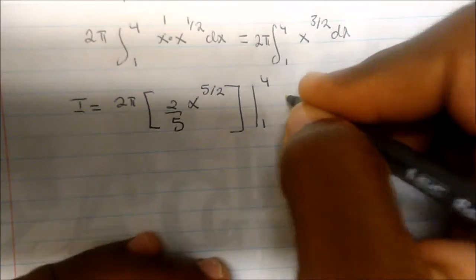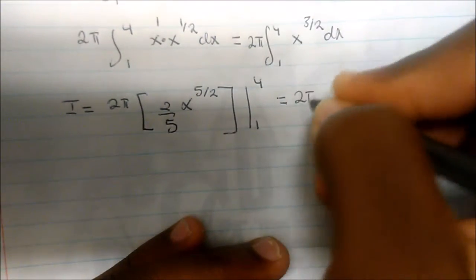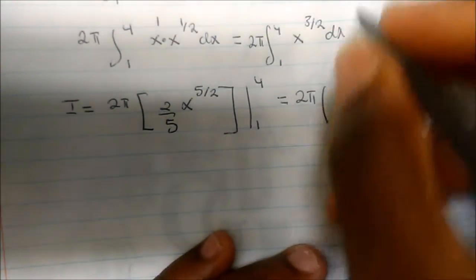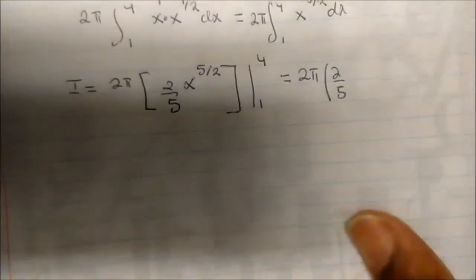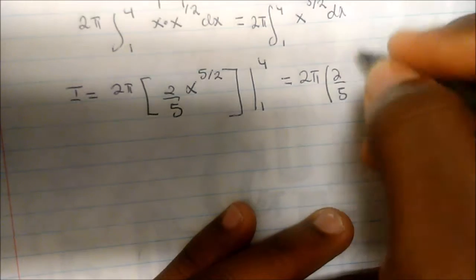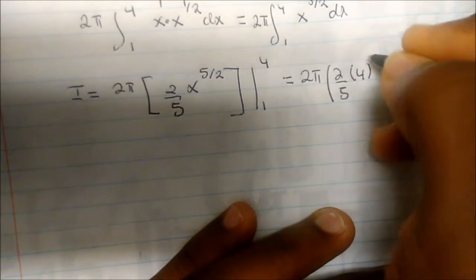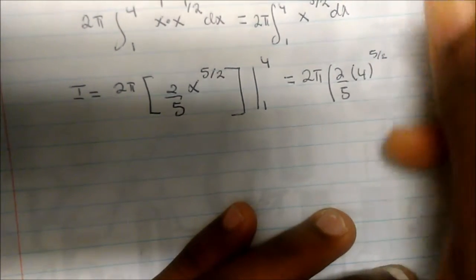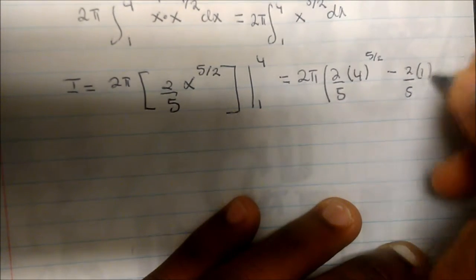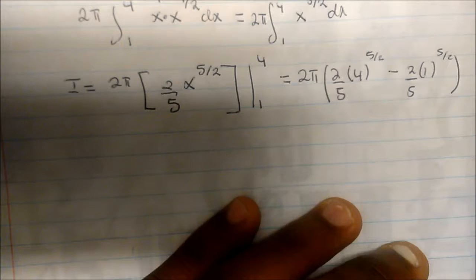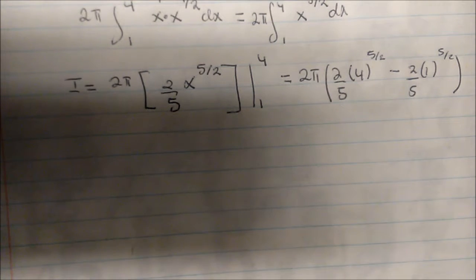So if I look at this, I have 2 pi out here, and that's factored out. And this becomes 2/5 times 4 to the 5 halves, minus 2/5 times 1 to the 5 halves. Okay, and 2 pi is all being multiplied by that.